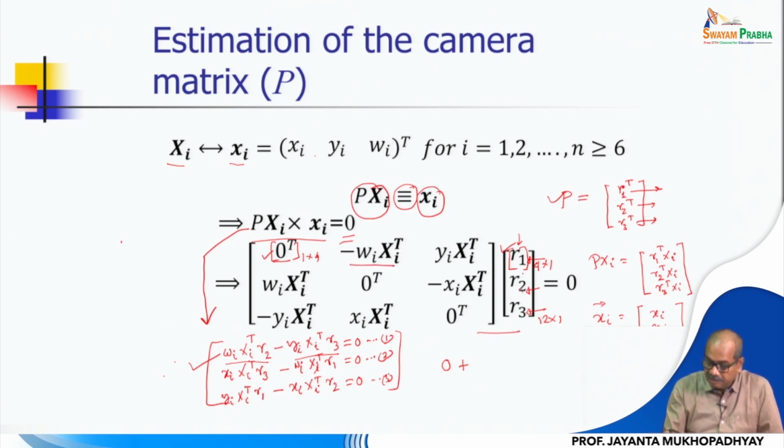Then this one into this column vector gives minus wi xi transpose R2, then plus yi xi transpose R3, equal to 0. The total dimension of this row is 1 cross 12, and this matrix would be a 3 cross 12 matrix.